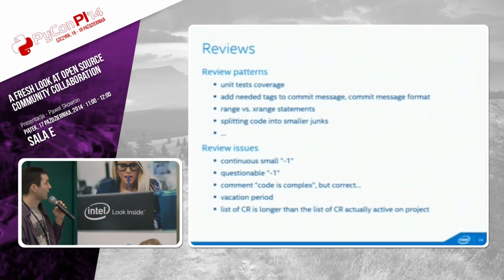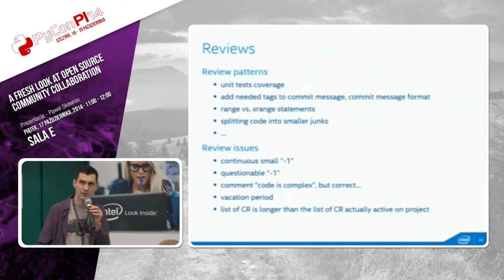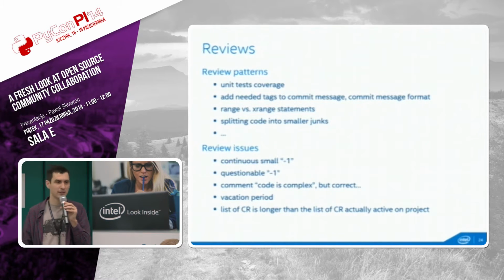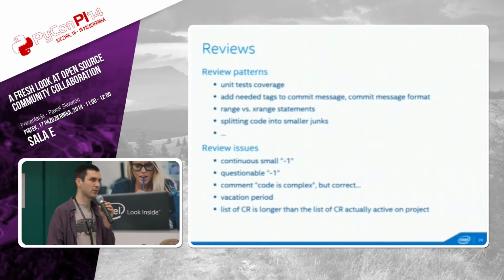There are also questionable -1s. What does it mean? There are many people and people have different opinions, so you can get a -1 just because you have a different point of view from the reviewer. Another comment which is difficult to deal with is that the code is complex.